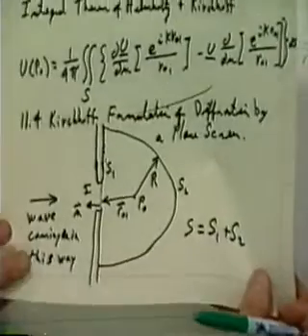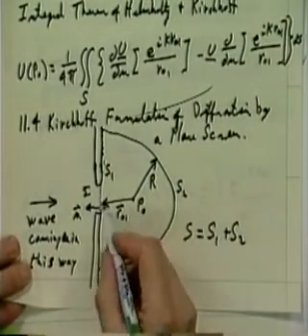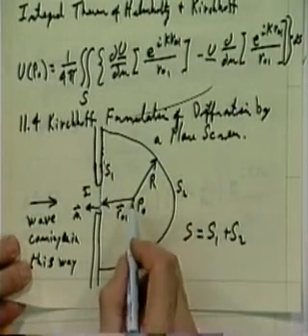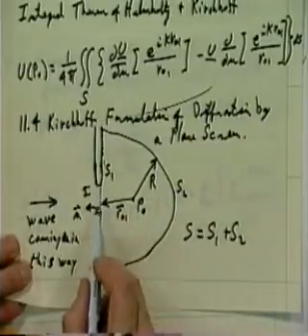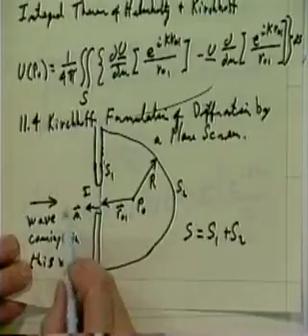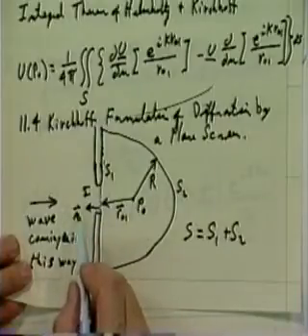So remember here that R01 is this vector from P naught to this point P1 on the aperture here, and that n is the outward normal here.